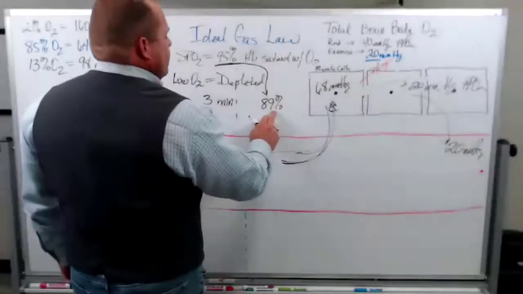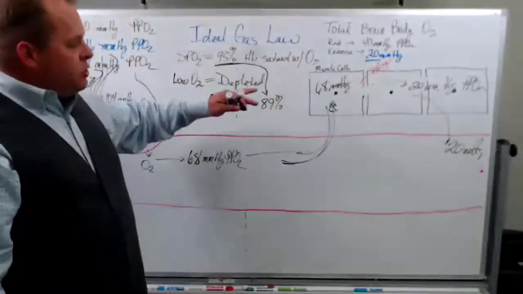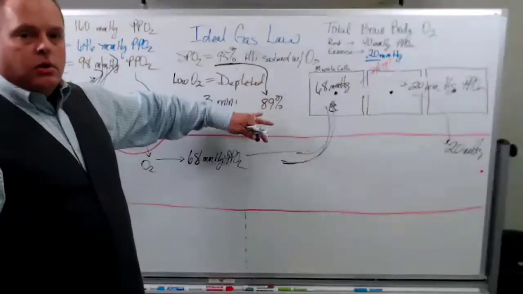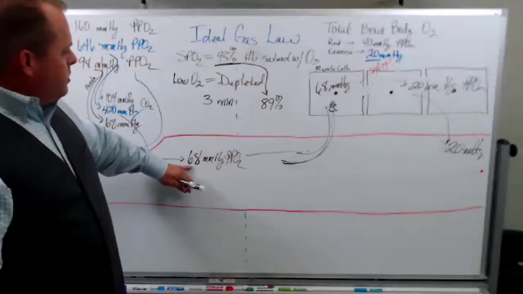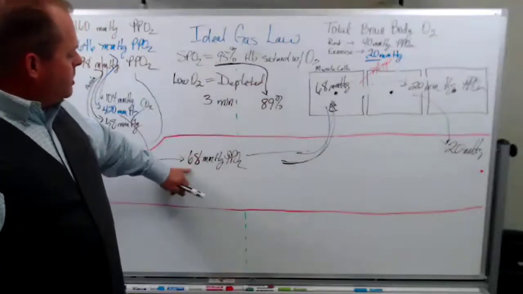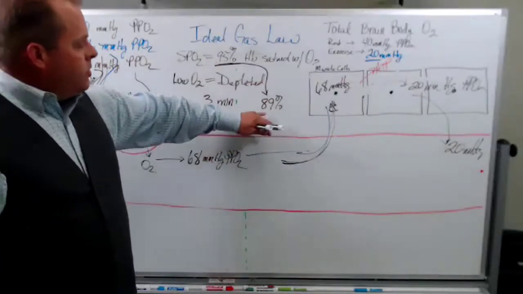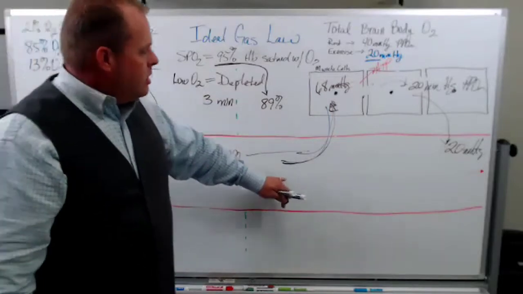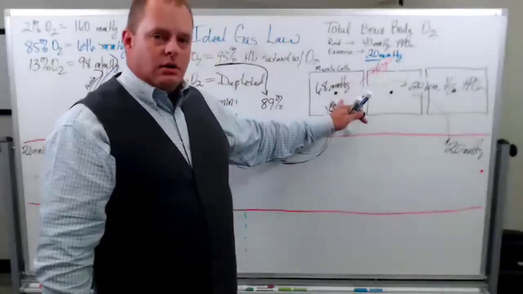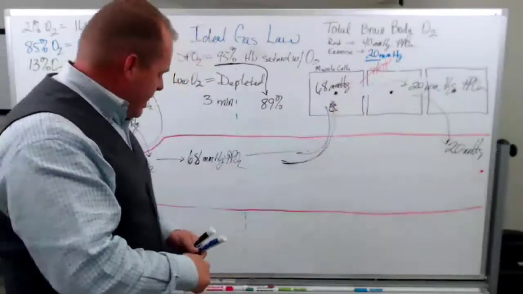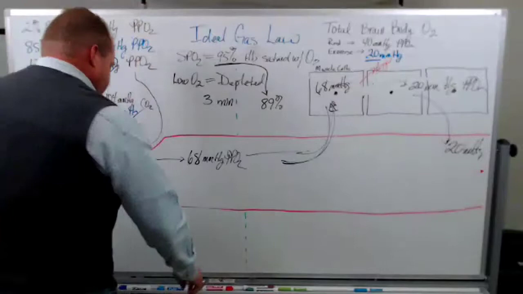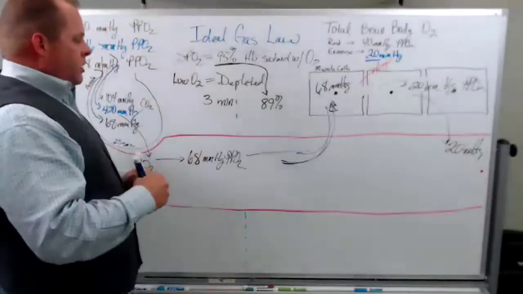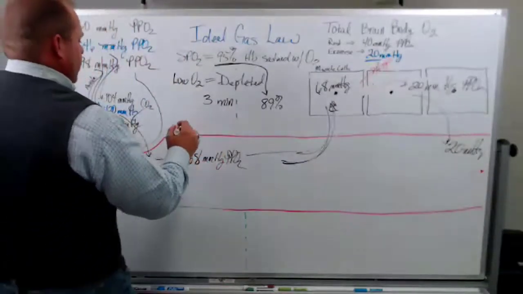But if I can drive your pulse ox down low, that means your perfusion is lower. Instead of 95% of the 68 millimeters of mercury, you're only getting 89%, because you've got less and less. The factor here is that this gets lower. Now, what does that do? That does something very specific. EPO comes into play.